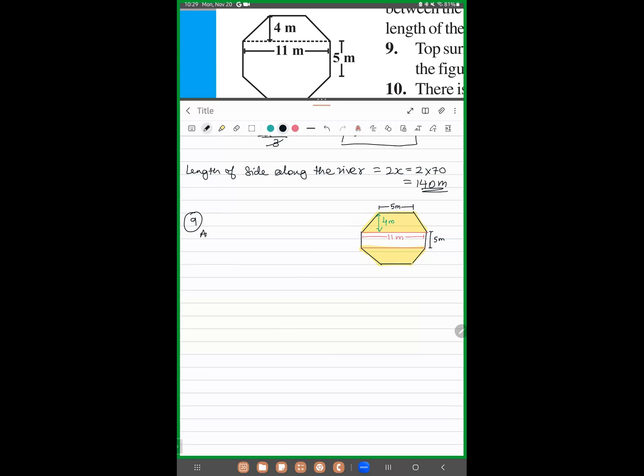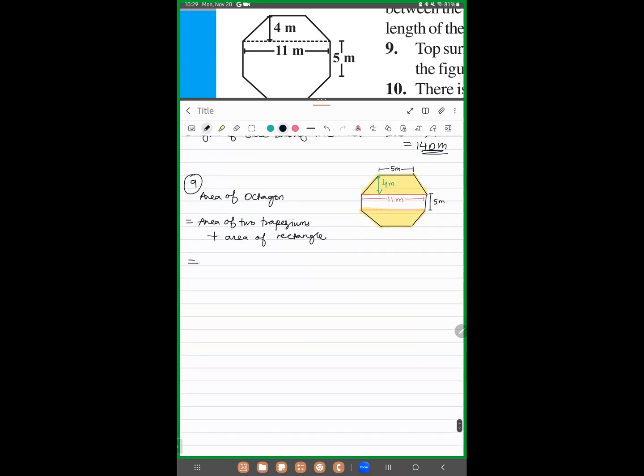So area of octagon is equal to area of two trapeziums plus area of rectangle. Area of two trapeziums, can we write it as 2 times area of one trapezium?